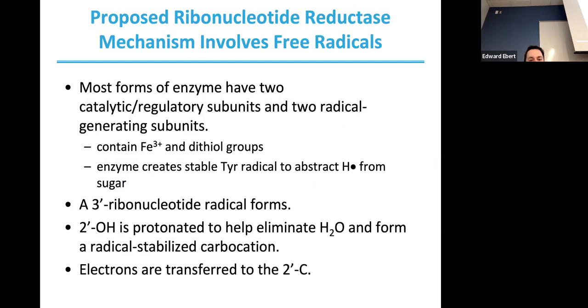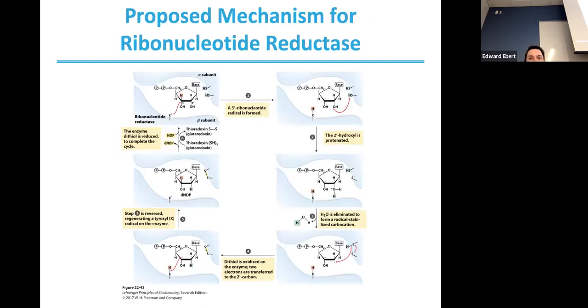I'm not going to ask about the mechanism, but it is proposed to be a free radical mechanism. So again, radical chemistry is really powerful chemistry. It just has to be well controlled. If you think about nuclear energy, most people, when they think about atomic energy, think of atomic bombs, uncontrolled, boom, it all explodes. That would be really bad for the body.